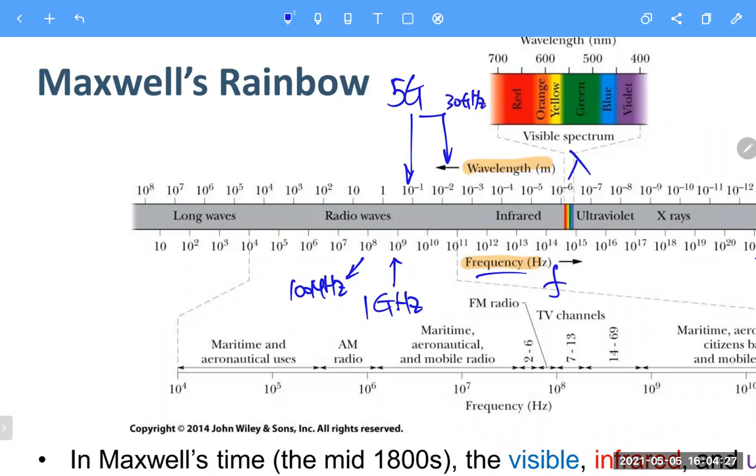I don't really remember the exact frequency band, maybe something like 29 gigahertz, but for simplicity you can just consider it 30 gigahertz, which is quite enough for you, because most of you are not ECE students, so knowing this already puts you ahead of others. So 5G not only uses a few gigahertz, but also tens of gigahertz. This part we usually call the millimeter wave. In Chinese, it is called 毫米波.